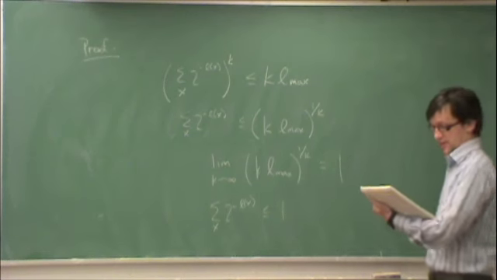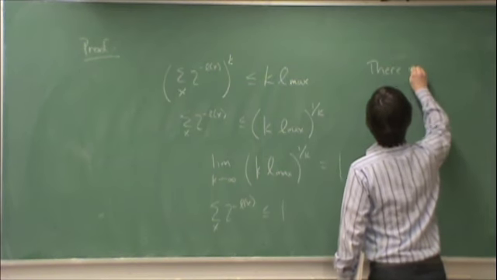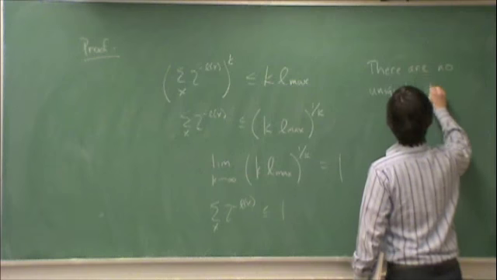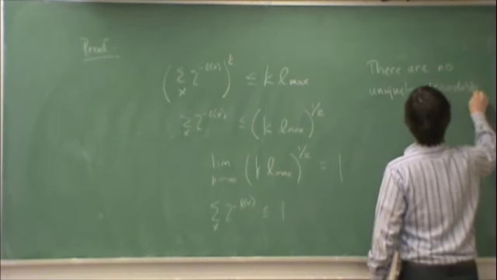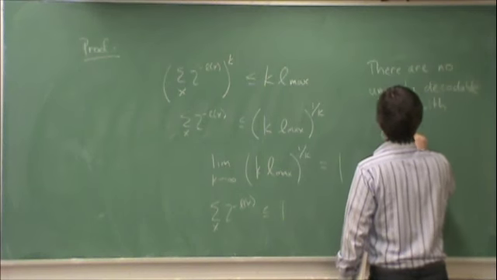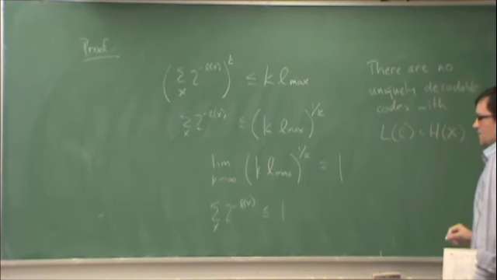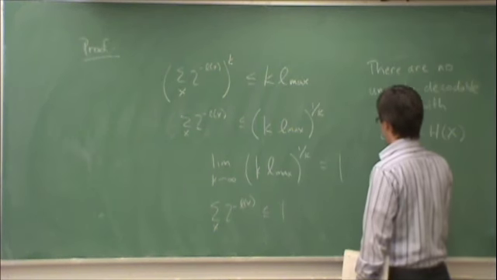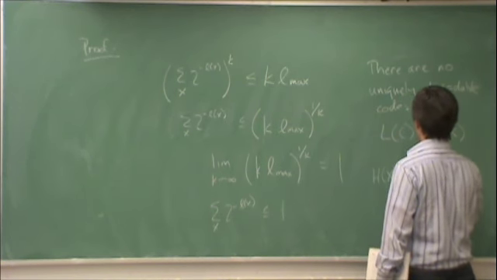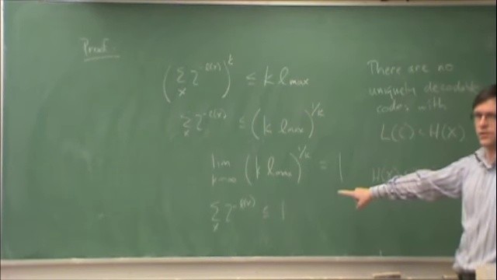So the moral of the story is there are no uniquely decodable codes with L of C smaller than H of X. You'll remember that we proved last time that for all codes satisfying the Kraft inequality, we must have H of X less than or equal to L of C. And all uniquely decodable codes must satisfy the Kraft inequality by this theorem.